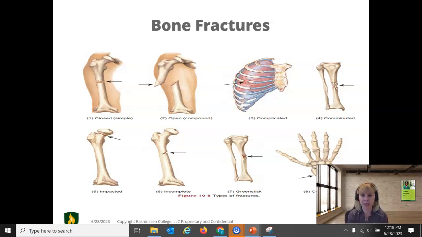We also refer to this as a greenstick fracture, just because it's more of a twisting of the bone instead of a full breaking of the bone. And the last one we have is a Colles fracture. This is a break at the lower end of the radius, occurring just above the wrist. We also call this a FOOSH, a fall on outstretched hand.